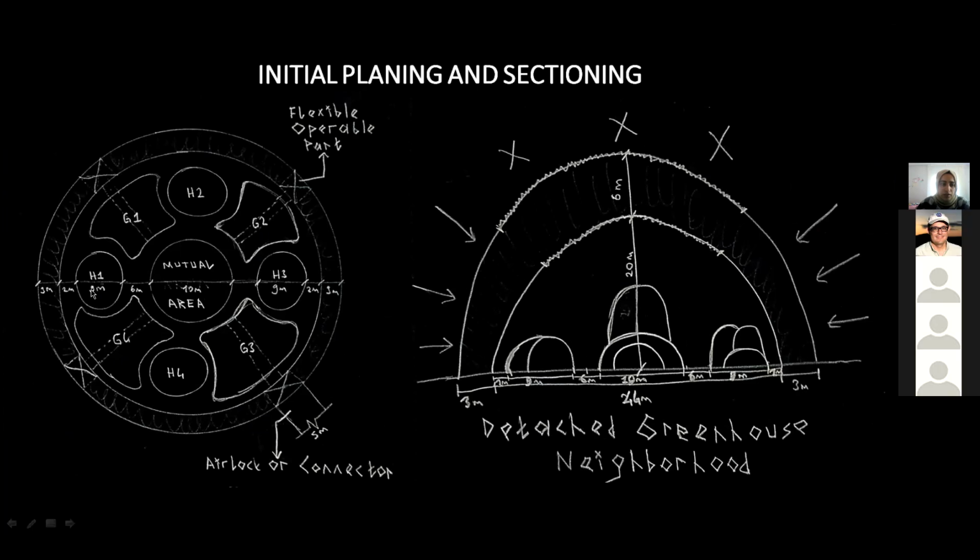And here is the first habitat, second habitat, third habitat, and fourth habitat. This part in the middle between the habitats is for a greenhouse. It's for growing plants, vegetables, and so on. In the middle part, there is a mutual area that can be used for investigations, work, gym, or other facilities.